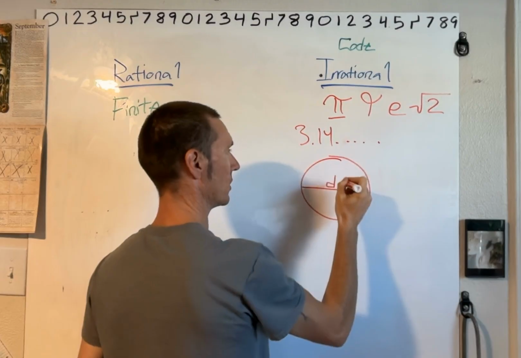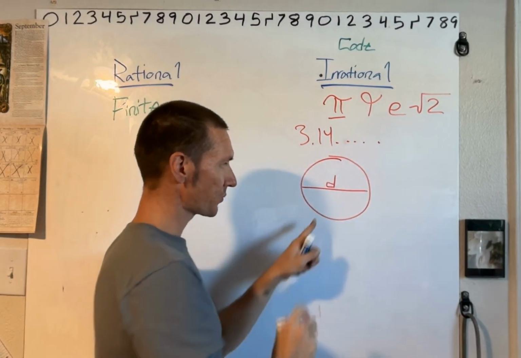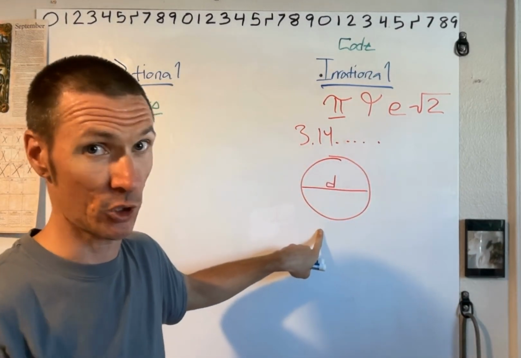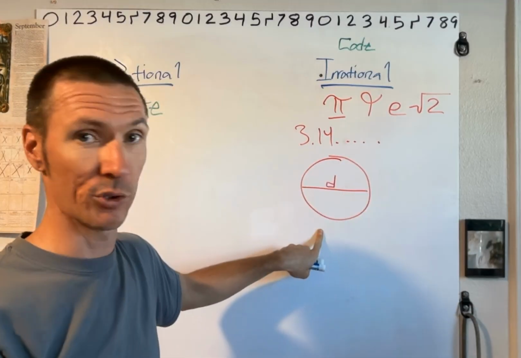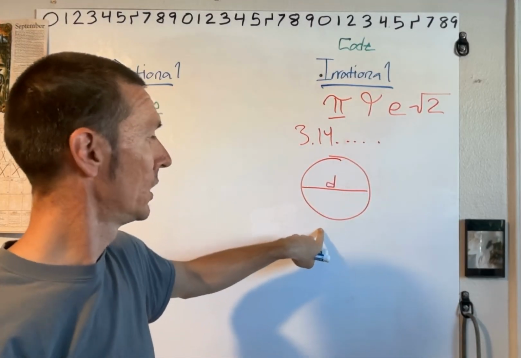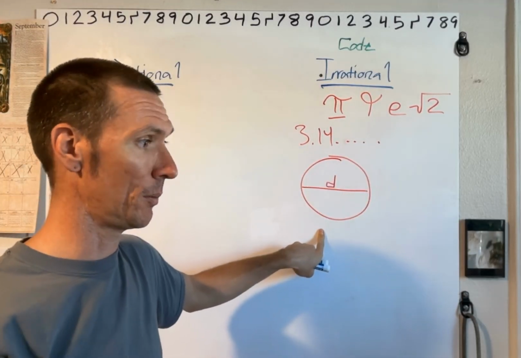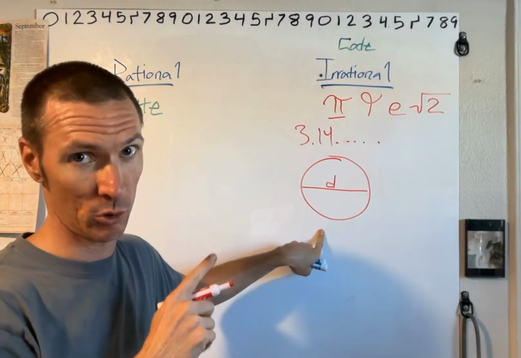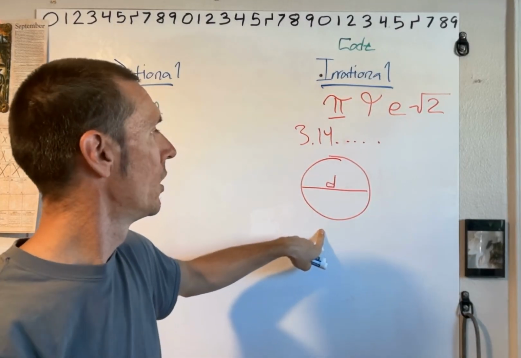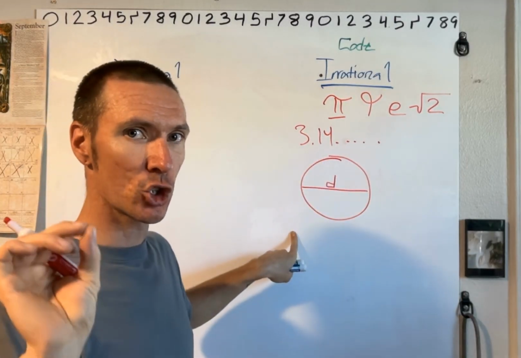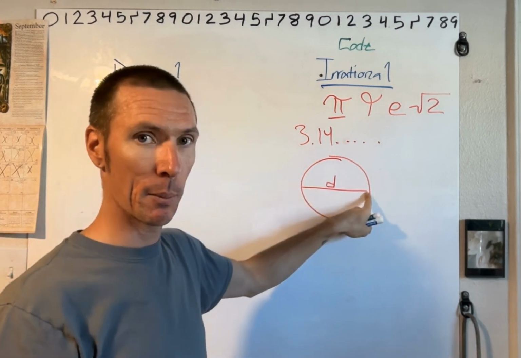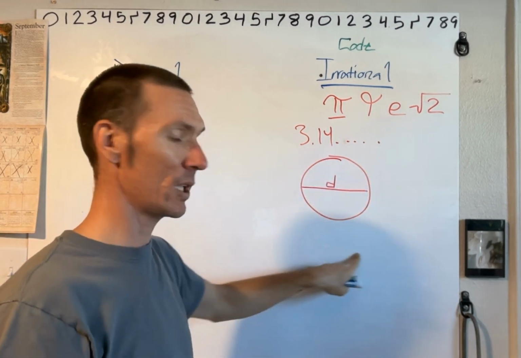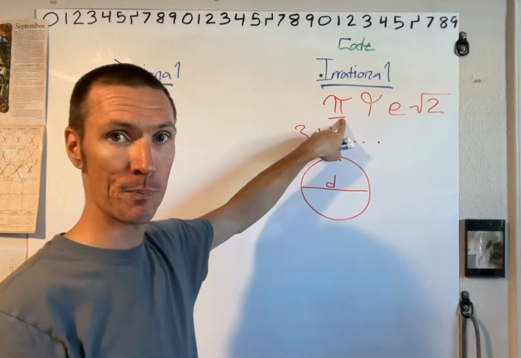So you've got, in a circle, so this is, the real world is full of circles. You can take any circle, you can get a measuring tape, and you can do this. You'll get close. The relationship between the diameter of the circle to its circumference is pi.